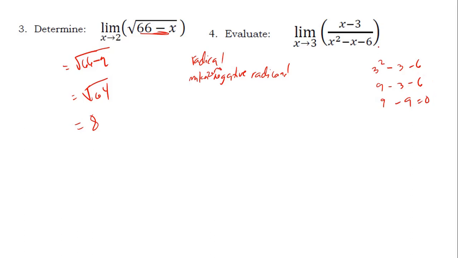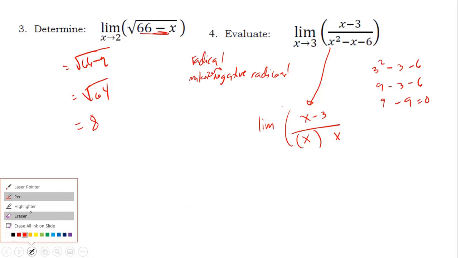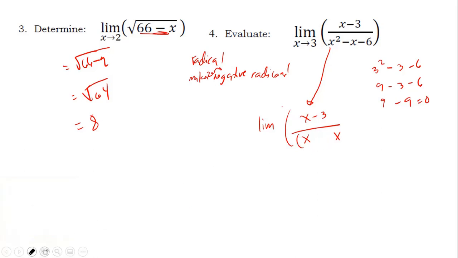So it approaches zero, so we cannot substitute 3 directly. So we factor it. The limit of x minus 3 all over, let's factor, x and x, as x approaches 3.